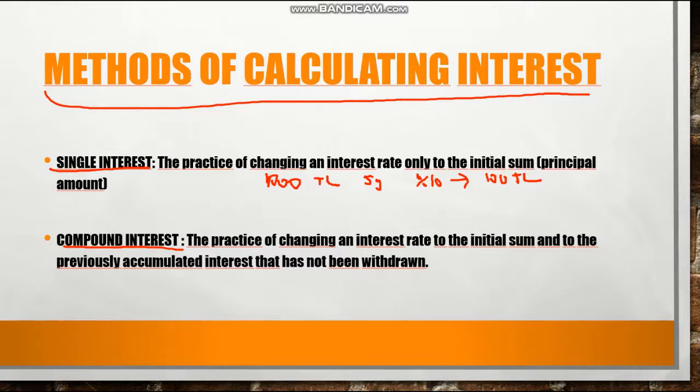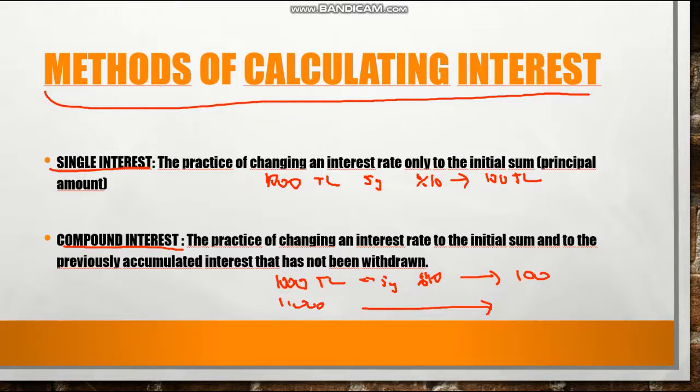But in compound interest, if you lend 1,000 Turkish lira for 5 years at 10%, in the first year you are going to get 100, then you will add this 100 to the 1,000, which makes 1,100 Turkish lira accumulated.